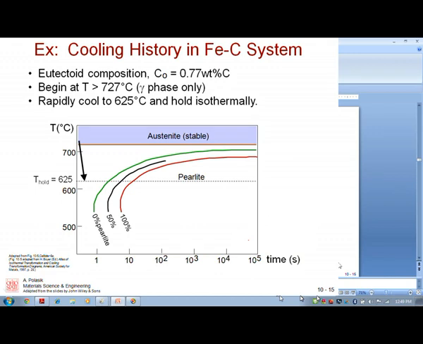So this is where we ended up on Wednesday. And we're going to be talking about these diagrams a lot today. So let's go back over what's going on here. We have temperature on the y-axis, time on a logarithmic axis on the x.